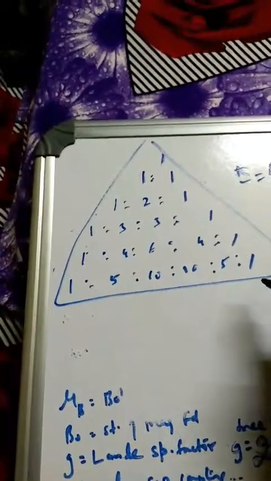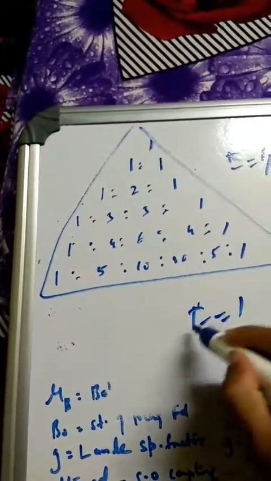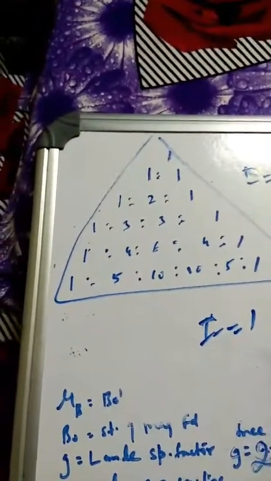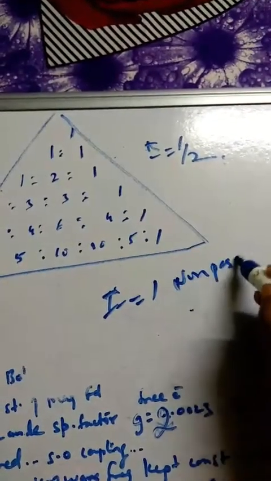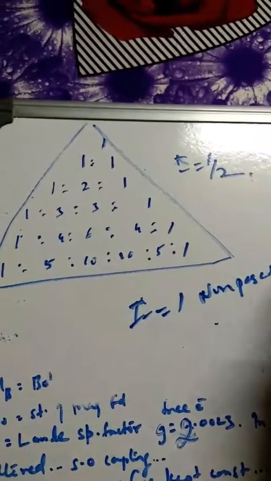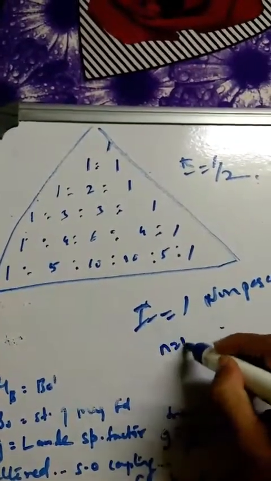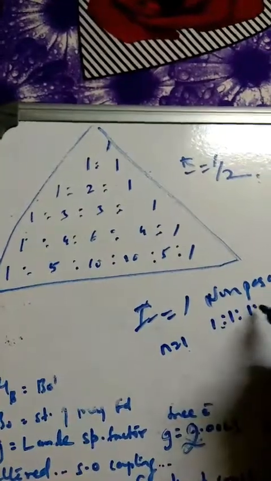So that is for I equal to half. And for I equal to 1, there is a non-Pascal pattern; for I equal to 1, a non-Pascal intensity pattern is observed. Where if n is equal to 1, we get 1:1:1 like this.